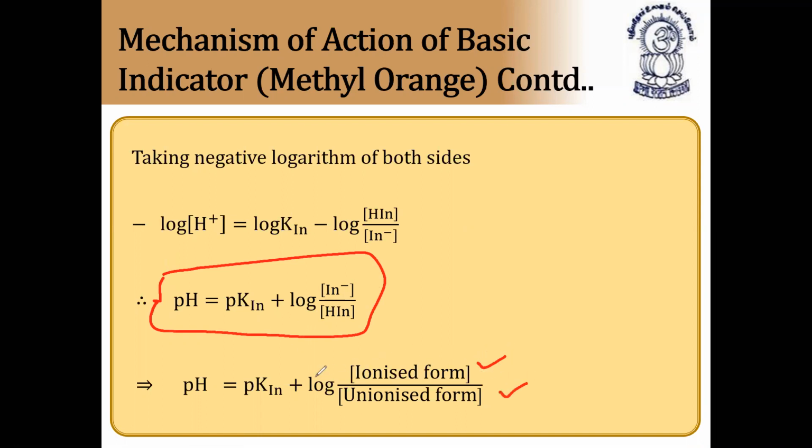Here pKIN is nothing but the dissociation constant, or you can say the indicator constant, and IN means indicator. This they'll also ask in the examination. Very, very important. Please note it down.